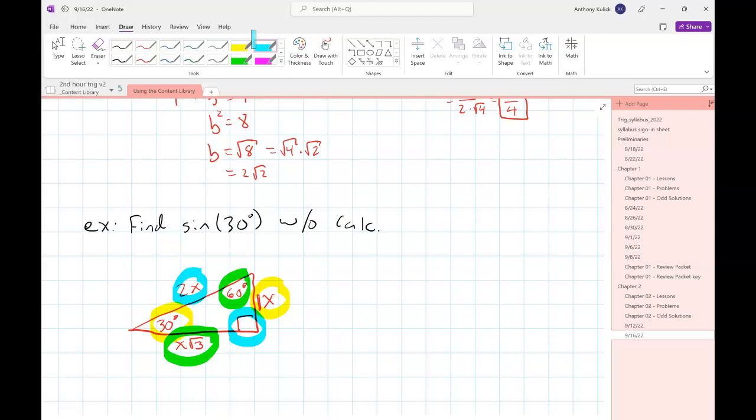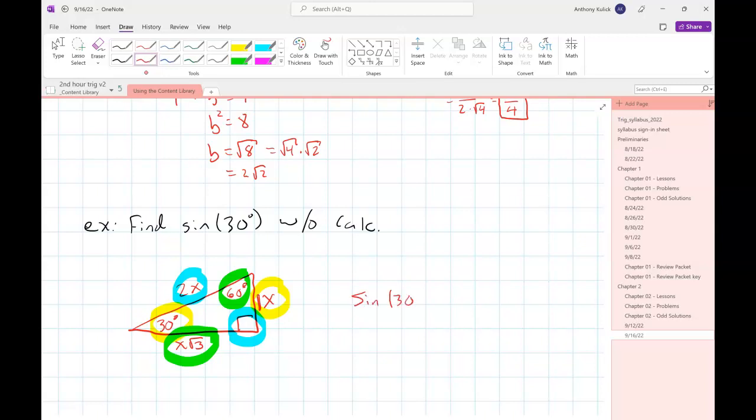Or sometimes I hear people say that the 3's go next to each other, so the 30 degree angle and the square root 3 go right next to each other. That's fine too. Most people get the hypotenuse in the right place. Everybody cool with that?